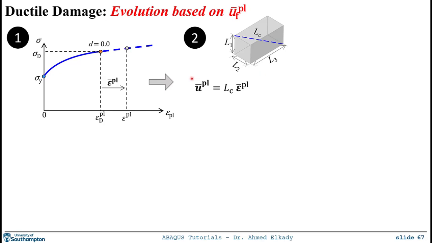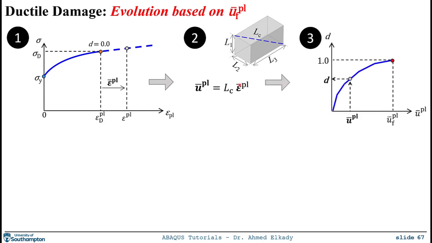In any case, once Abaqus computes the plastic displacement out of the plastic strain, then Abaqus goes to the softening curve that you have defined, which is the relation between the damage parameter and the plastic displacement. And then it queries the value of the damage parameter based on the current plastic displacement.